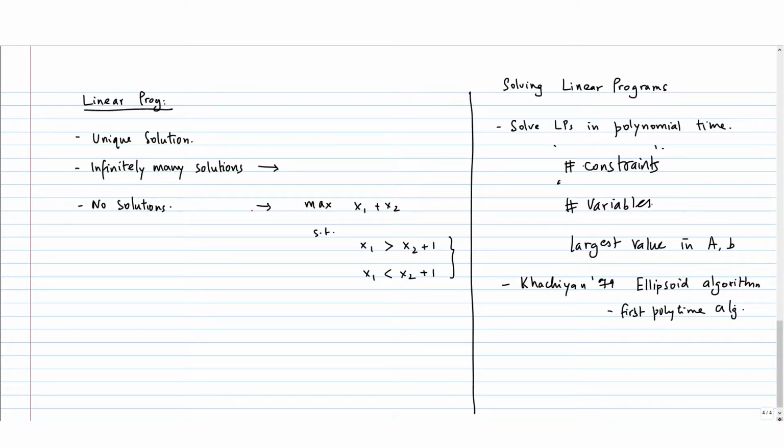Nobody uses it. It runs extremely slowly. What was known before Khachiyan's time was the simplex algorithm of Dantzig around 48. So Dantzig is known as the father of linear programming.